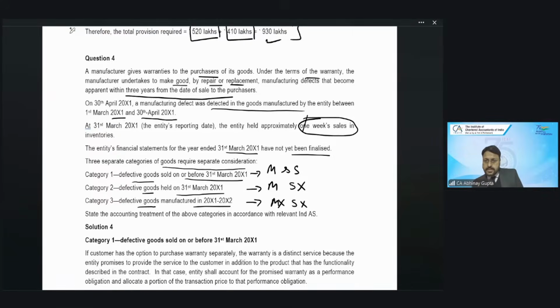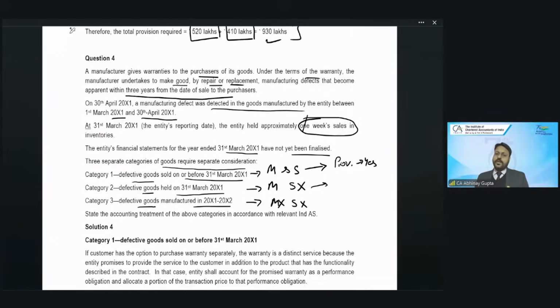Now, in this case, because it is manufactured and sold, is a provision required, yes or no? Yes, sir. Provision to be recorded, sir. Yes. So a provision is required because the goods are manufactured and sold and the defect is identified, right? In this case, what is happening?